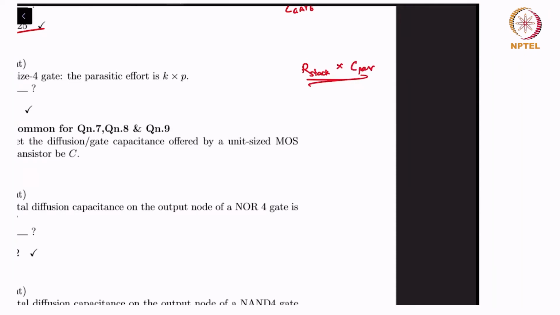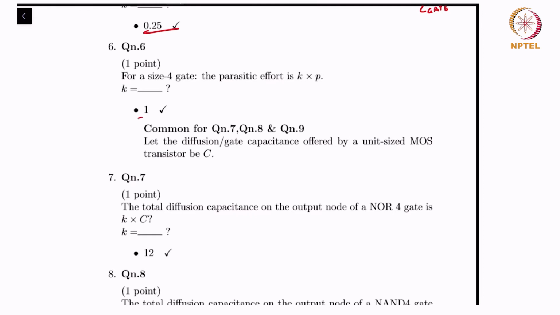This is what the parasitic effort ultimately finds out, right? So now if you were to size up the stack by n times, then resistance goes 1 by n, because resistance is inversely proportional to width. You increase the width n times, so resistance goes 1 by n. But the capacitance is directly proportional to the width. So C parasitic will now become n times. So these two will cancel out and you will find that the delay corresponding to that does not change. So it doesn't change with the size. So the answer is 1. K is equal to 1.